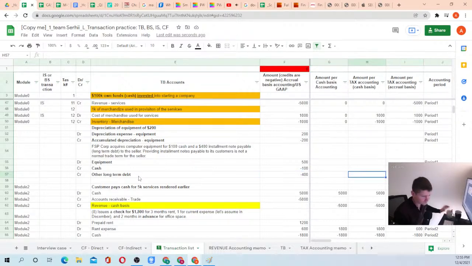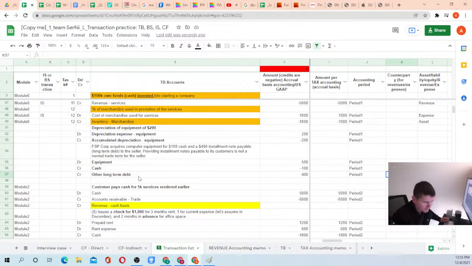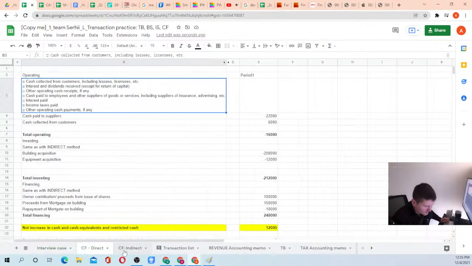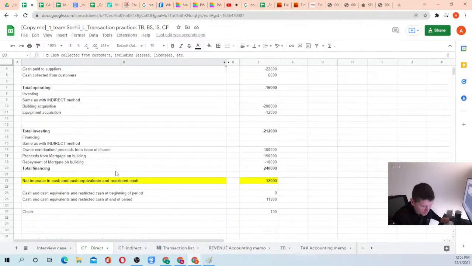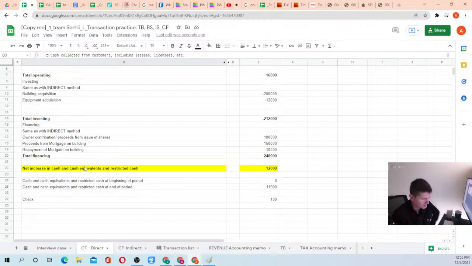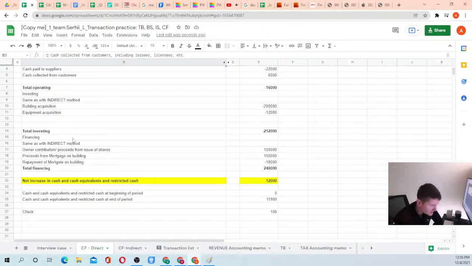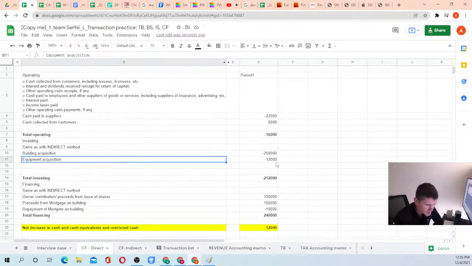And let's go here and let's allocate it. So we need to have $100 cash outflow. But what problem do we have with investing activity, where it is total investing equipment acquisition?